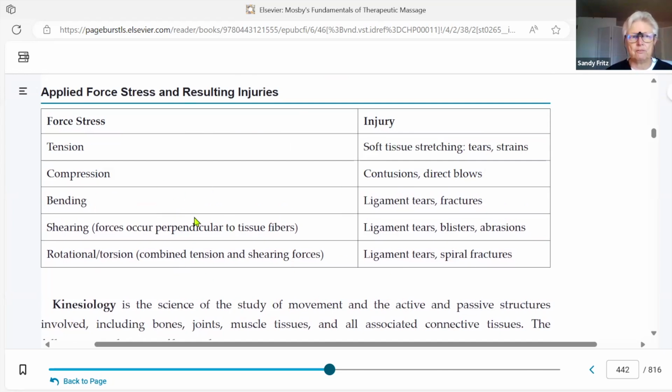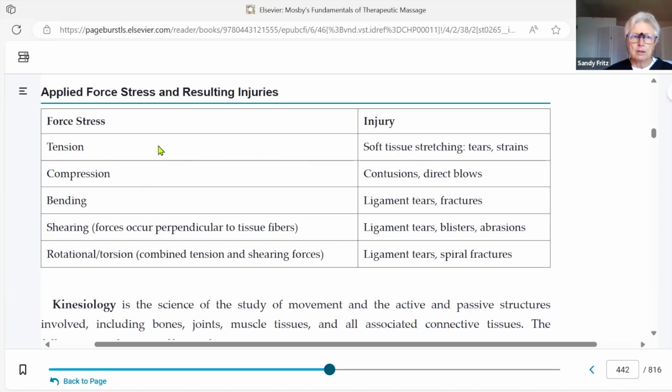So, for example, if somebody has a tension loading injury, like a torn hamstring, which is really common, in the acute phase of that healing process, I would avoid loading that tissue with any kind of an elongation or a tension loading.